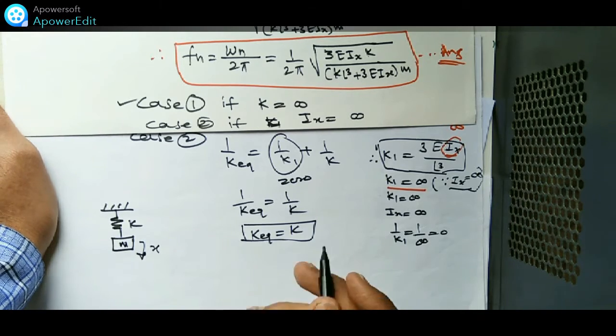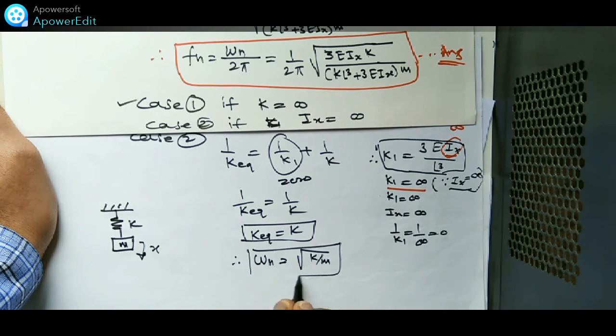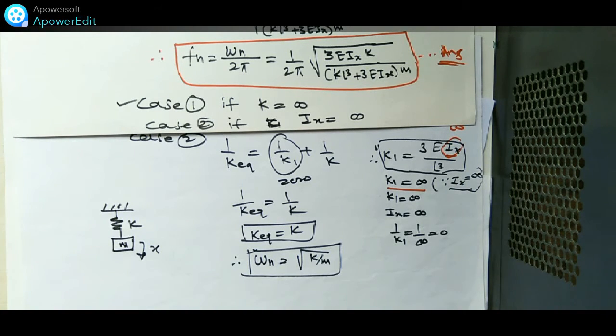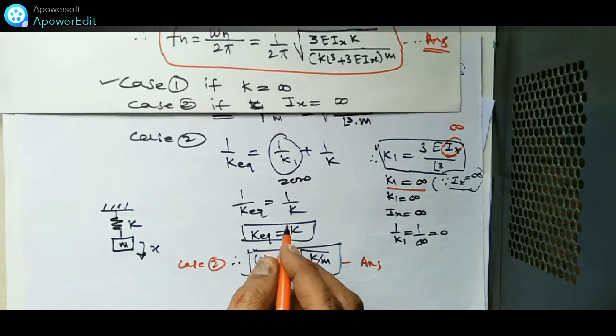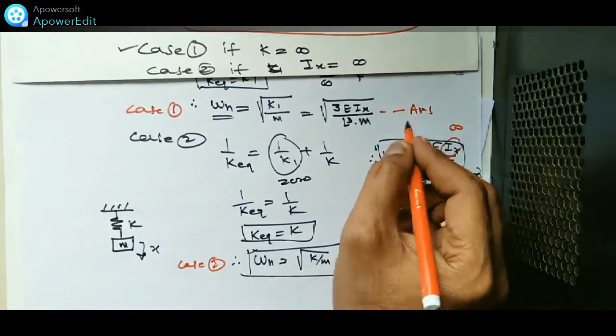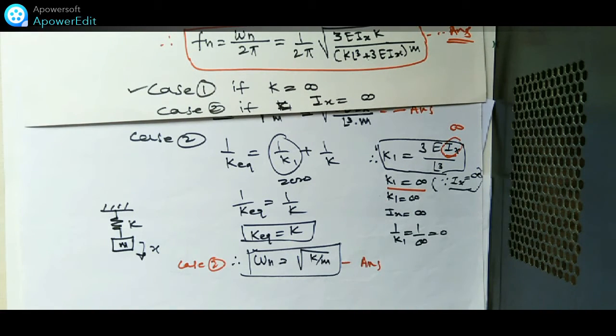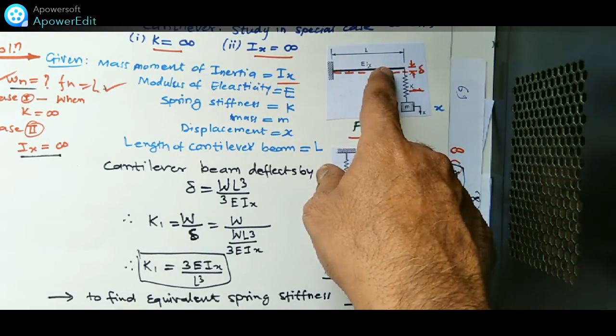So what will its frequency be? We all know this simple frequency, omega n is the square root of k by m. So this is the answer for case 2, and we have already studied the case 1 answer. So friend, solve this numerical like this, very simple one, with the different cases.